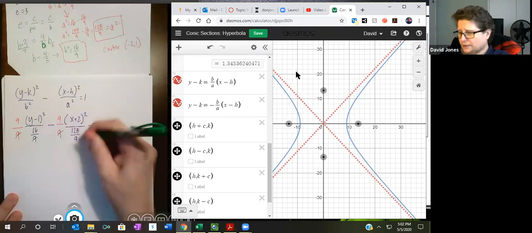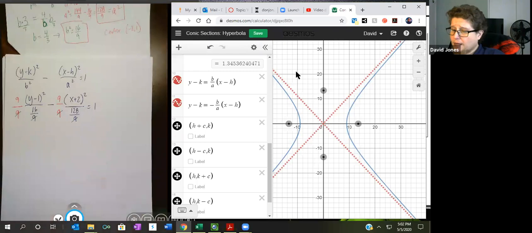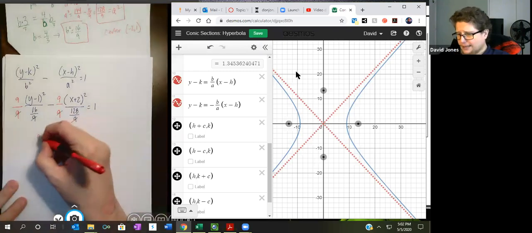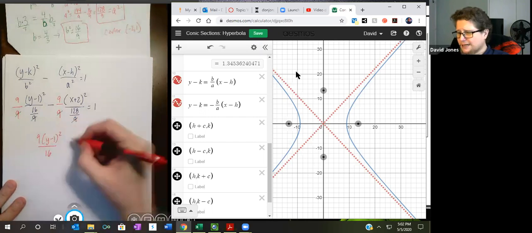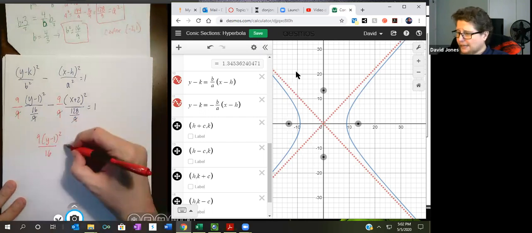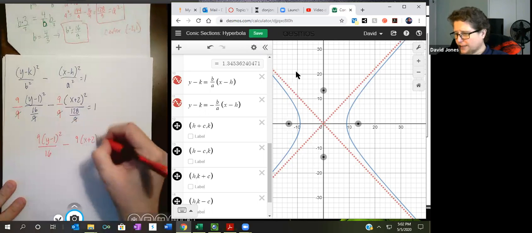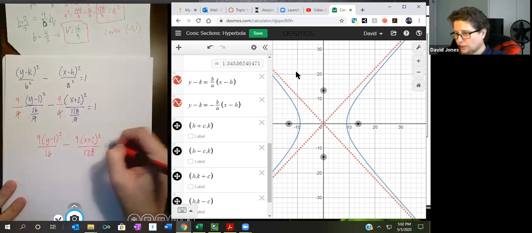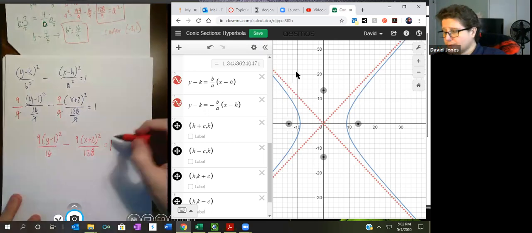And that 9 will cancel that 9. And what we end up with is 9 times y minus 1 squared over 16 minus 9 times x plus 2 squared over 128 equals 1. Booyah.